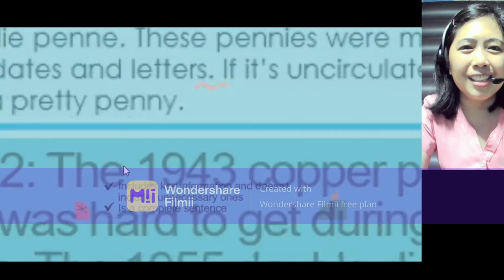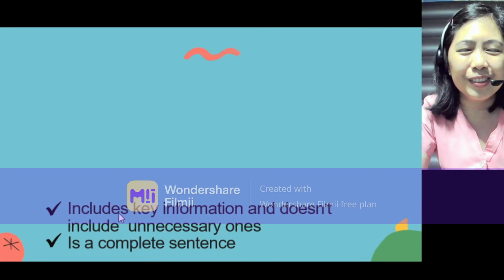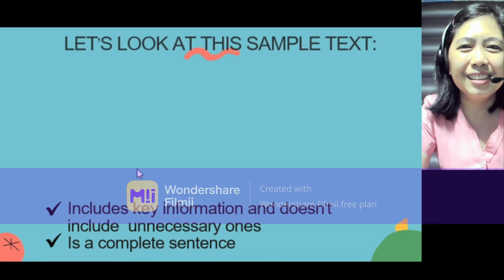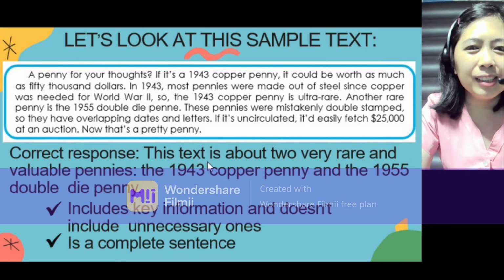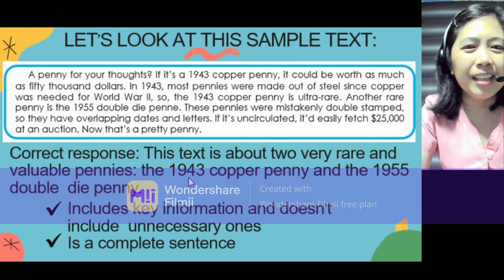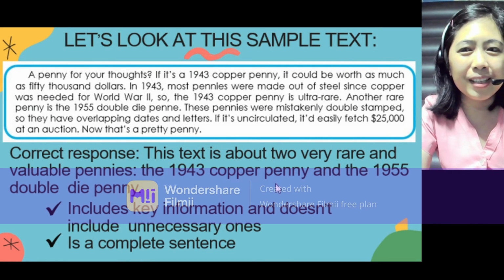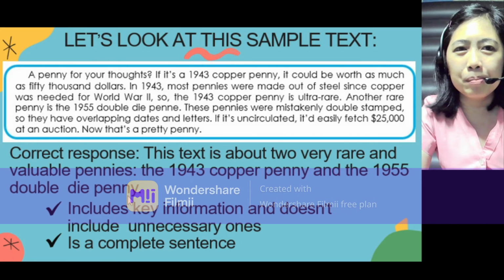Okay, let's have the next screen. I forgot to have this edited. So the correct response: this text is about two very rare and valuable pennies, the 1943 copper penny and the 1955 double die penny.